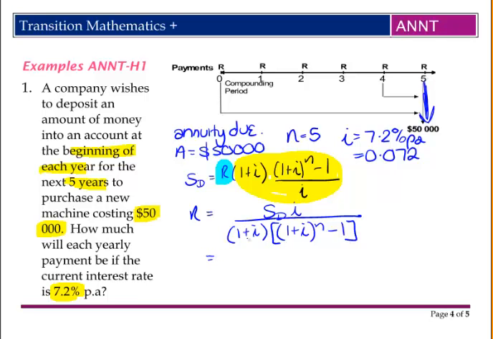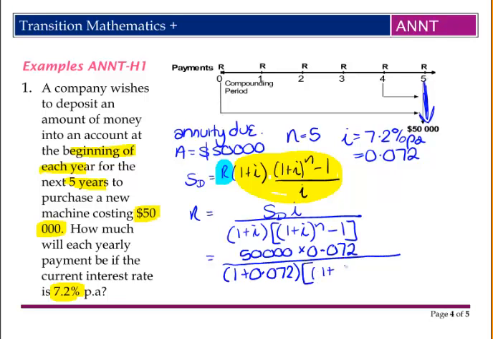So now we've got 50,000 times 0.072 all over (1 plus 0.072) times bracket (1 plus 0.072) to the power of N, which is 5, minus 1.